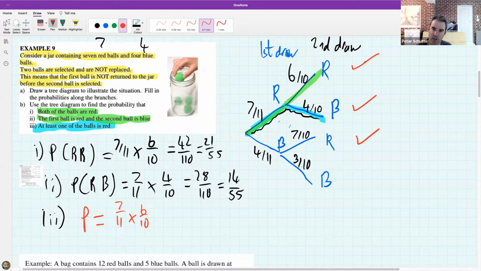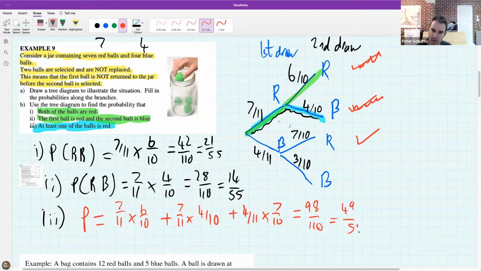So that's this branch over here. And then we have that branch over there. And then the last one times 7 over 10. And you should get 98 over 110 or 49 over 55.